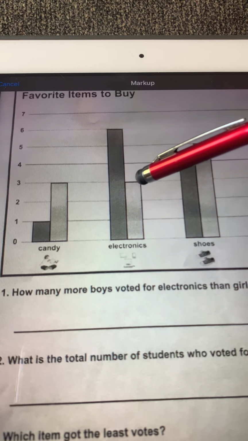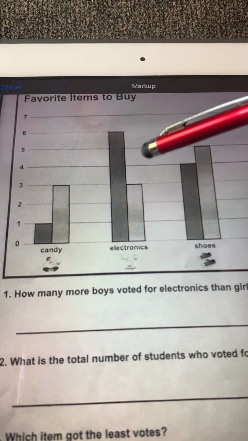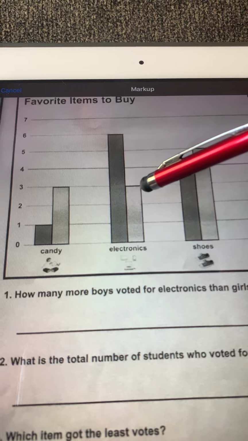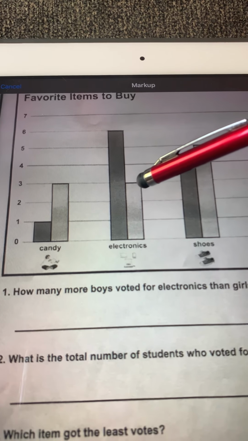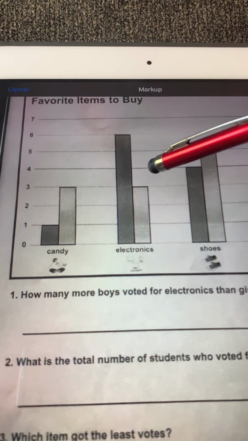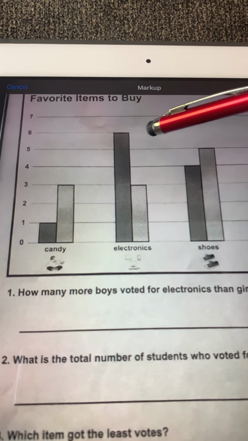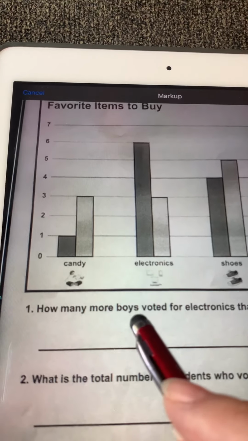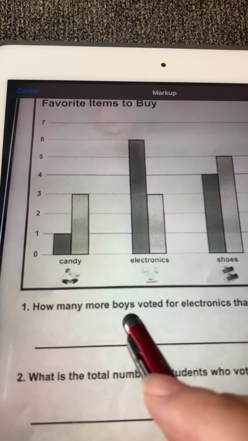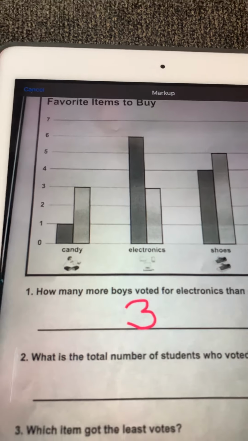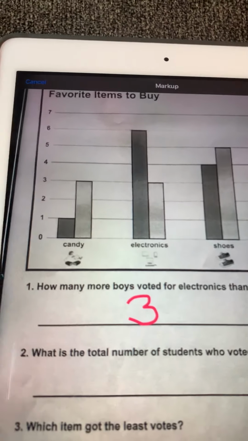So now we have to find out how many more, and boys voted for 6. So what we're going to do is we're just going to count up. 1, 2, 3. So 3 more boys voted for electronics than girls. Okay, so that was pretty easy.